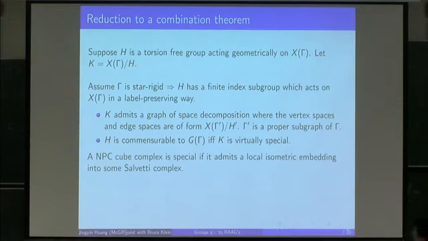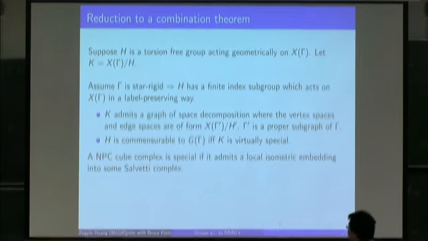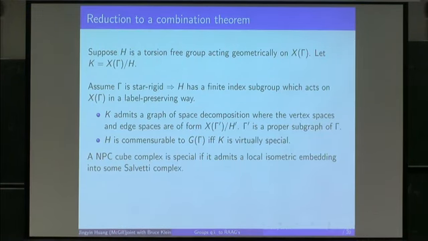Okay, so now let's put these two observations together. We already know this orientation issue is equivalent to virtually special. So if you have a theorem which tells you that if all the vertex groups and the edge groups are virtually special, then the whole space is virtually special, then you are done, right?